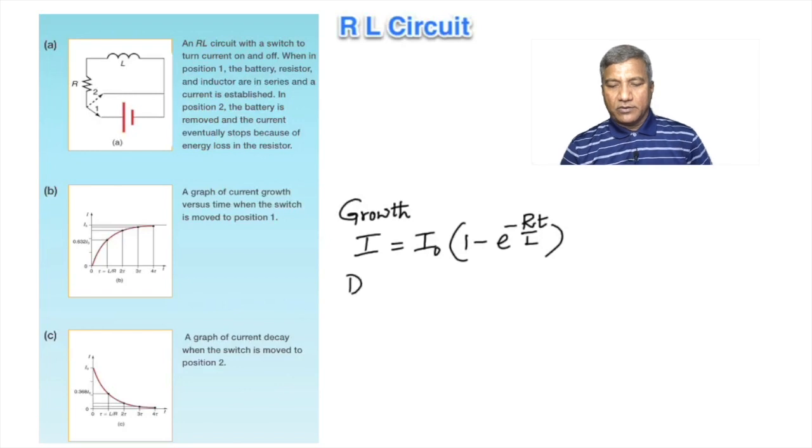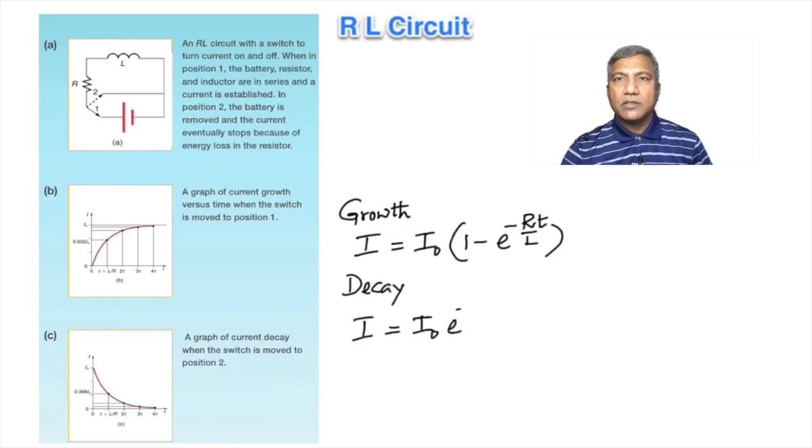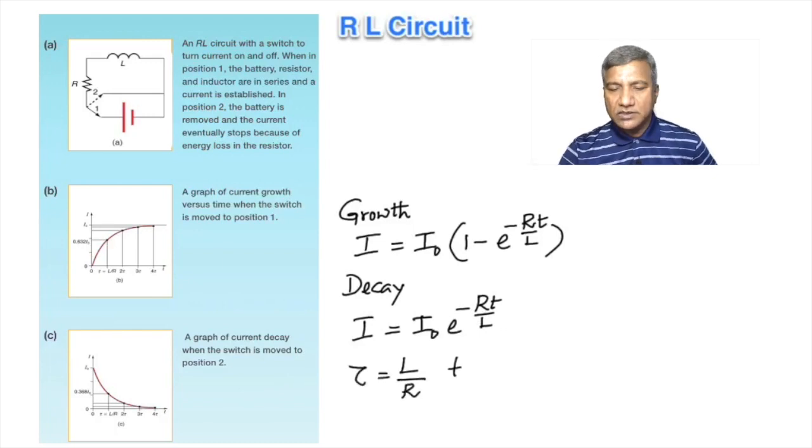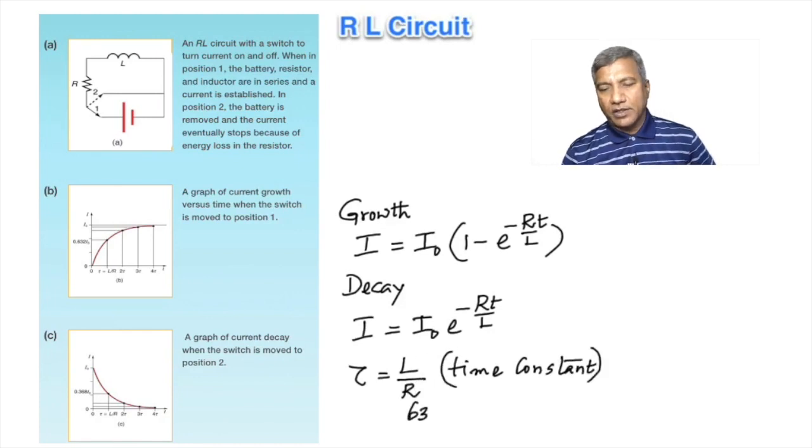And the decay of current is given by a similar formula, except for the 1. You see, it's I equals I naught e raised to minus Rt by L. And this ratio of the inductance to the resistance is called the time constant. So the time constant is the ratio of L to R in this.